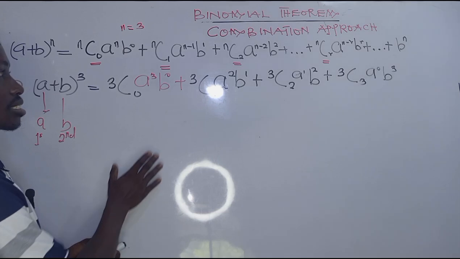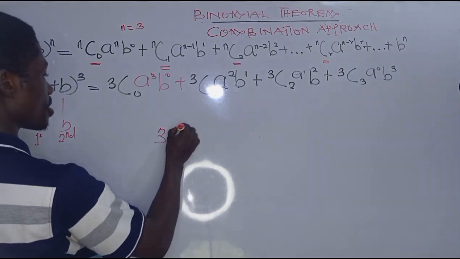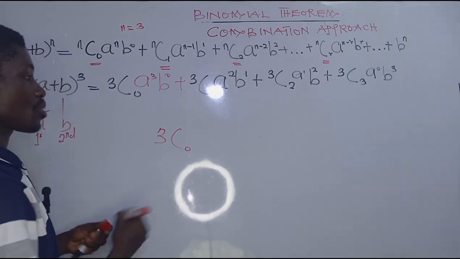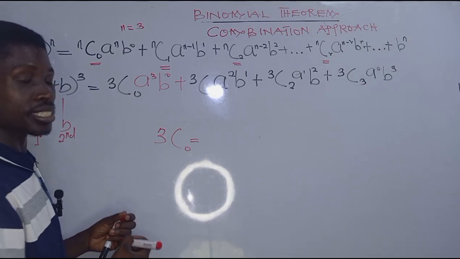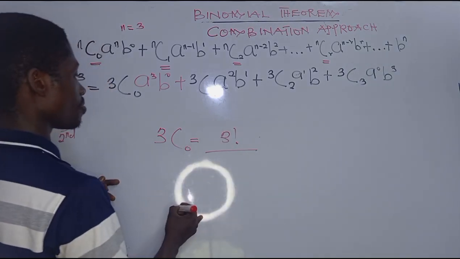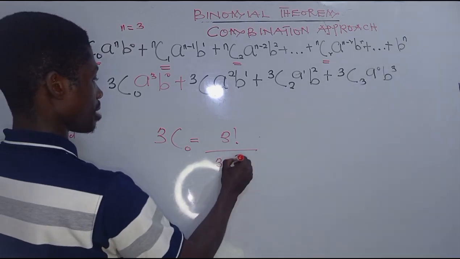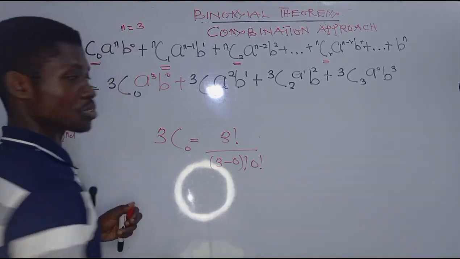So after that we just simplify. So we have 3 combination 0. Now we have already learned about combination in our previous lesson. 3 combination 0 means that we have 3 factorial all over 3 minus 0 factorial, then we have 0 factorial.